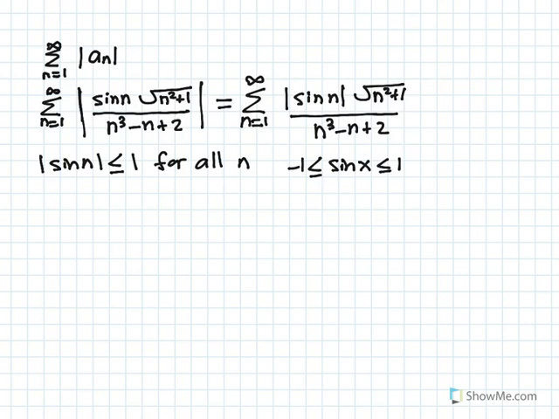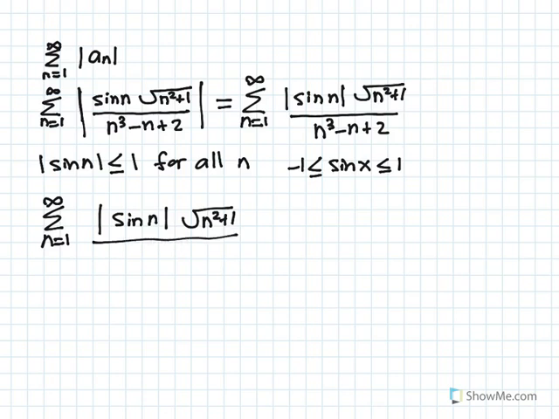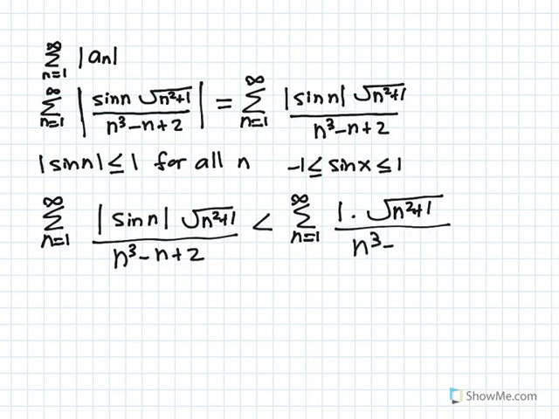So we can write summation n equals 1 to infinity, absolute value of sine n times root of n squared plus 1 divided by n cubed minus n plus 2 is less than summation n equals 1 to infinity of 1 times root of n squared plus 1 divided by n cubed minus n plus 2. That's because the absolute value of sine n is less than 1, and that's how we're able to form this inequality.